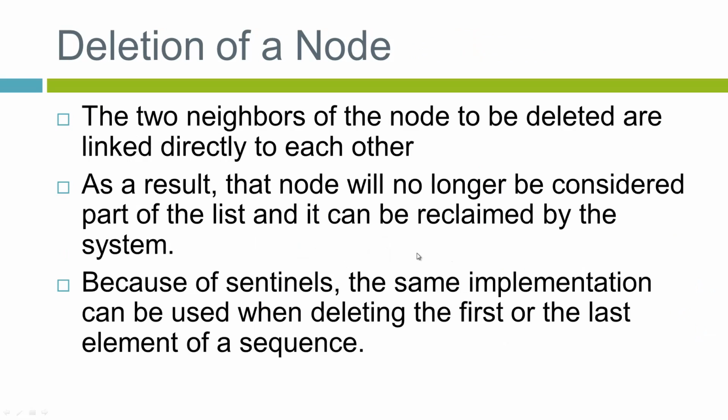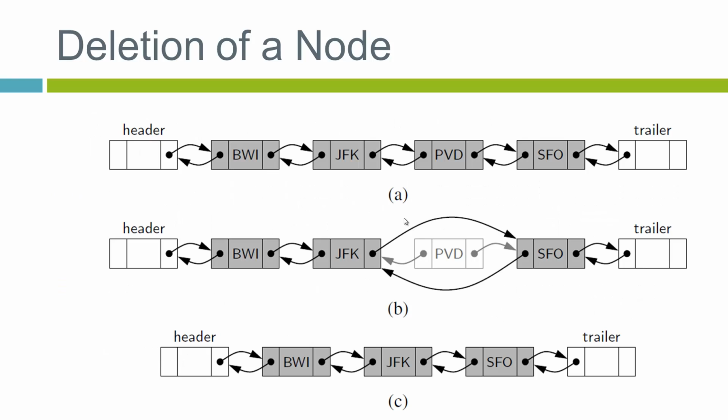Now let's talk about deleting a node. The 2 neighbors of the node to be deleted are linked directly to each other. As a result, that node will no longer be considered part of the list and it can be reclaimed by the system. Because of sentinels, the same implementation can be used when deleting the first or last element of a sequence. For example, here we have 3 figures.